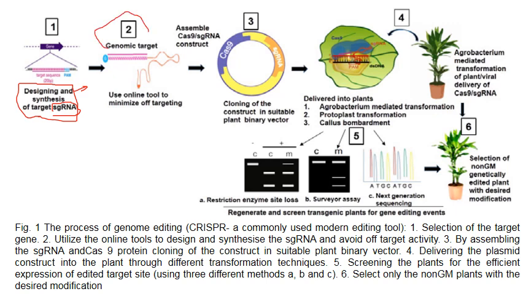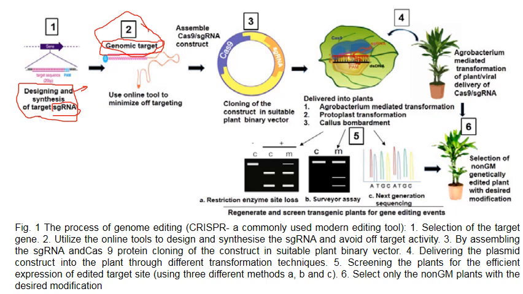Then the genomic target is set up. Use an online tool to minimize off-targeting. That means there are already several databases where the genomic sequence is available. By utilizing that, we can get the genomic targets. By that, off-site effects can be minimized.